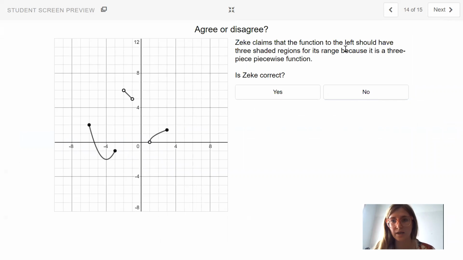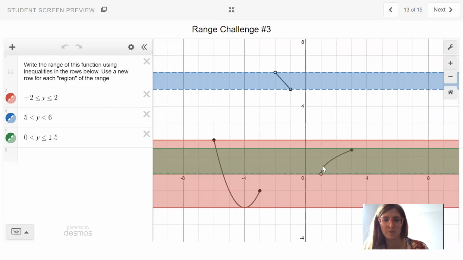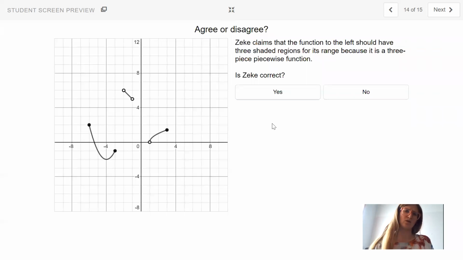Zeke claims that the function to the left should have 3 shaded regions for its range because it is a 3-piecewise function. Is Zeke correct? Well, that's what I did. I had 3 pieces. However, it's a little confusing because the first piece encompasses all of that. If I combine them all together and think about it as a whole, then I wouldn't really need to include that green piece.